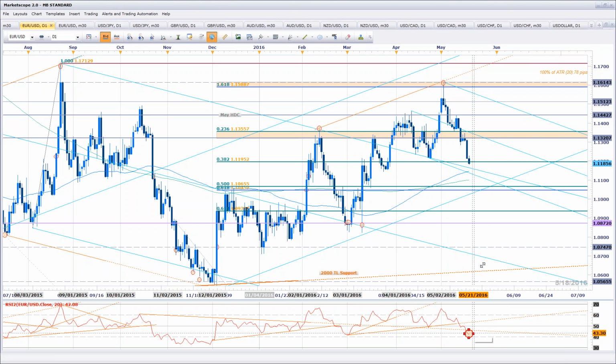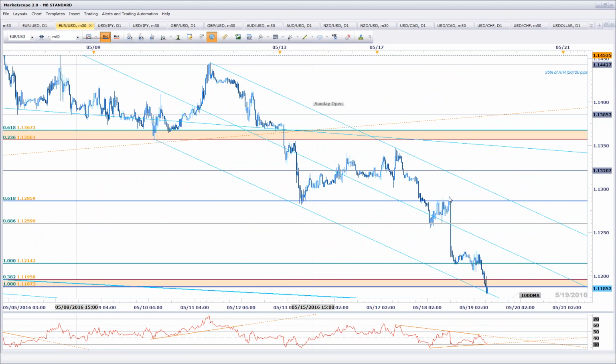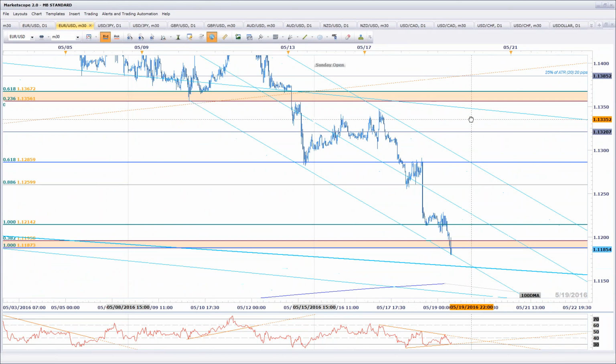You could see this drop a little bit further, but structural support comes in lower, with the former upper median line parallel coming in just lower. You have the 100-day moving average, which comes in just around 1150. Here's the chart from last night, and there are those levels that we were talking about.